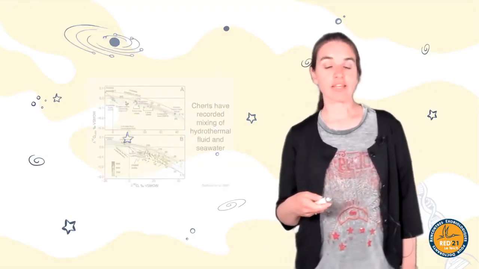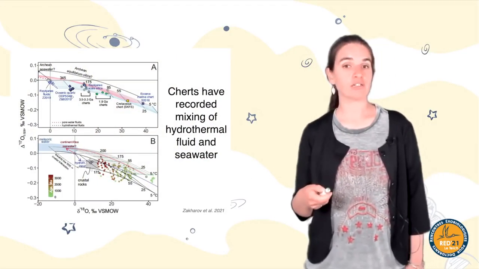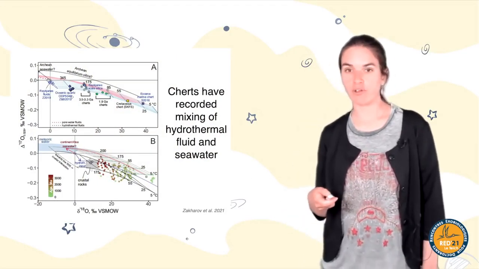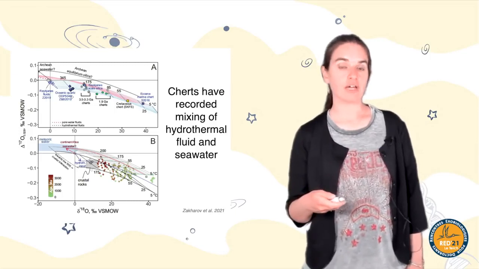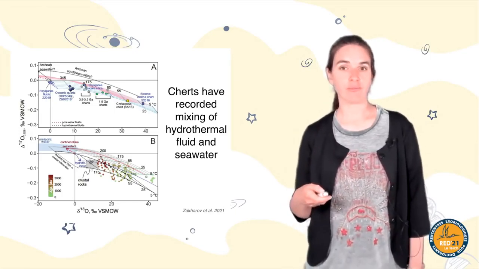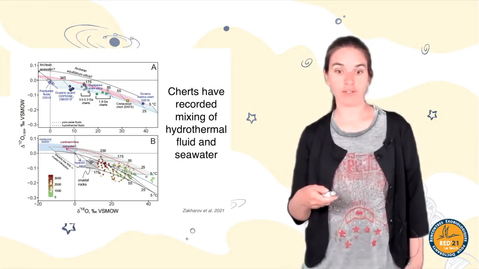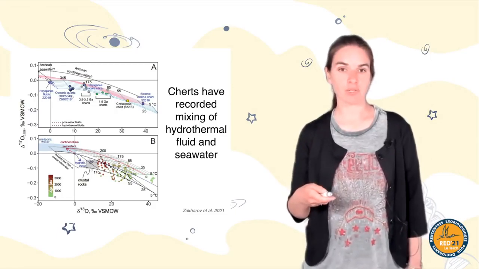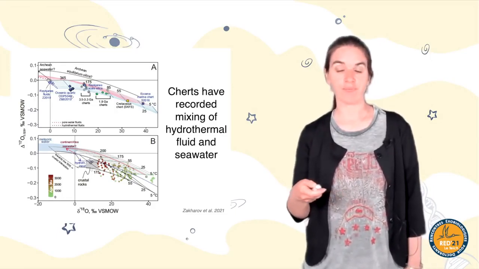So basically, one of the sad conclusions of this story is that we cannot use cherts for reconstructing the seawater temperature, because they most likely formed during this mixing of hydrothermal and seawater fluid, and so they can record higher temperatures than any kind of surface oceanic temperature.